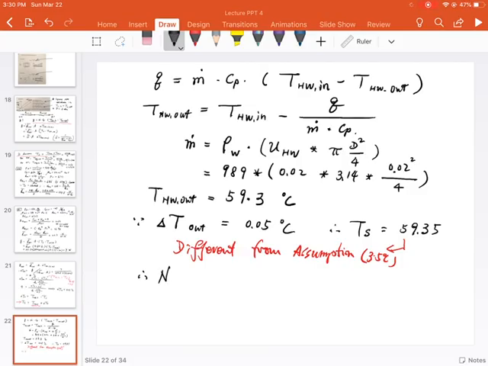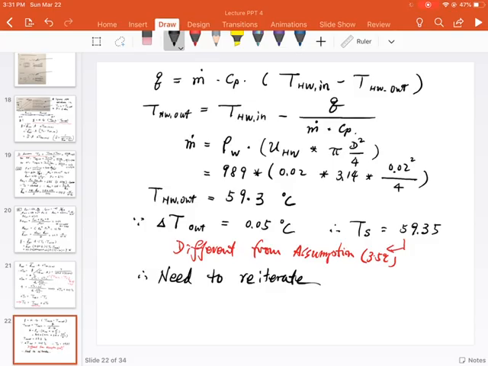Now we have choices in how to choose another temperature. You can choose 35, or you can choose 59, saying that if the surface temperature equals 59 here, then you can do another round.